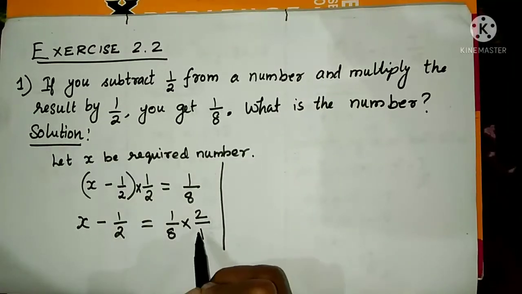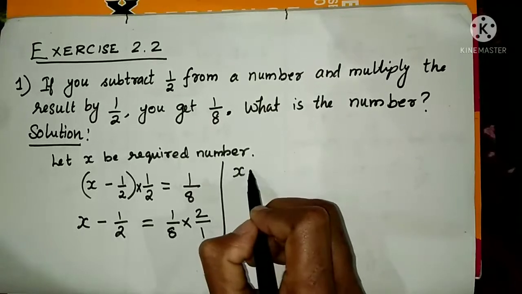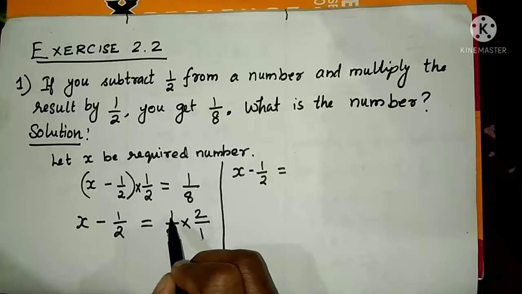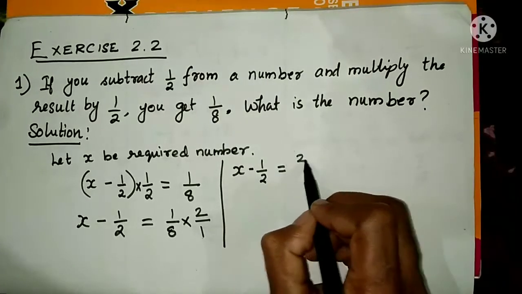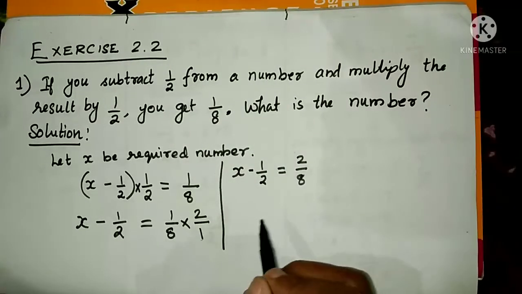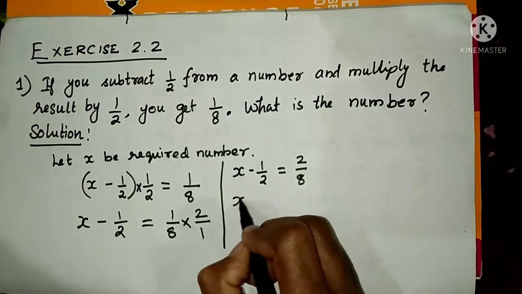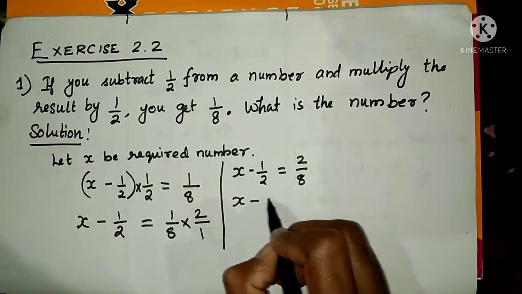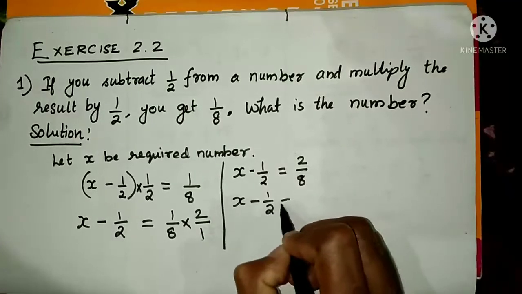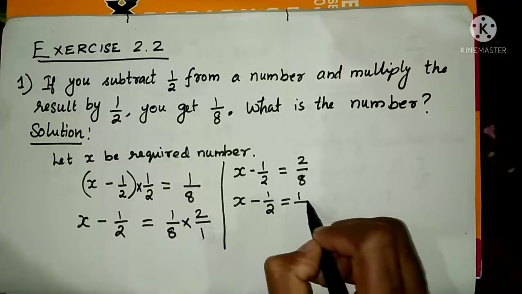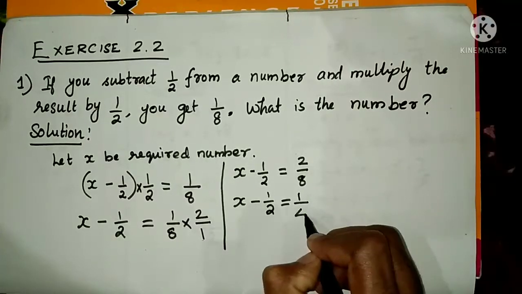So now we can multiply these two. So x minus 1 upon 2 is equal to, when you multiply these two, 2 upon 8. This we can simplify. X minus 1 upon 2 equal to, when you simplify by 2, we get 1 upon 4.